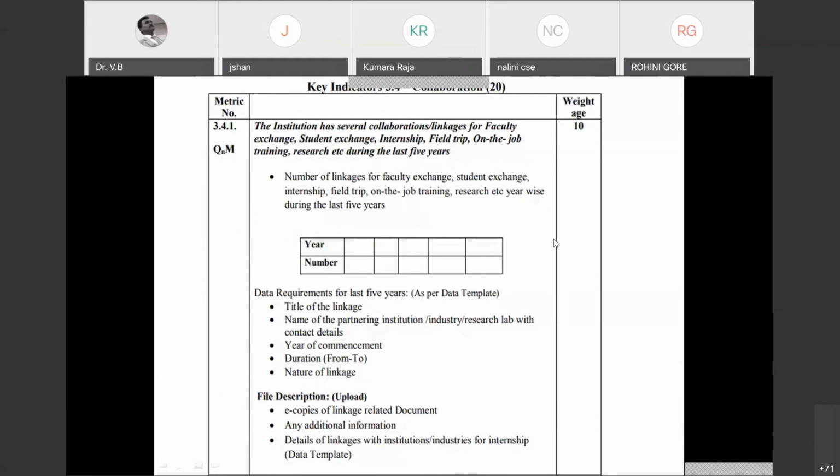Next one is about the collaborations and linkages for faculty exchange, student exchange, internship, fieldship. Here it is a quantitative matrix, and please remember that MOUs are different and this is different.